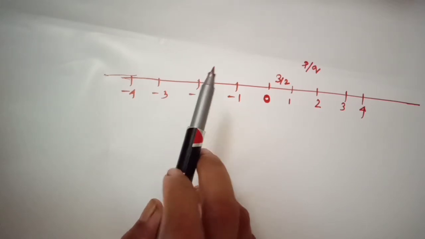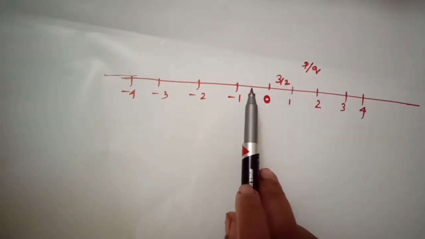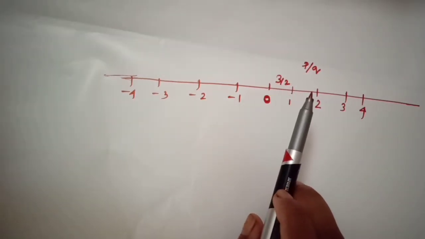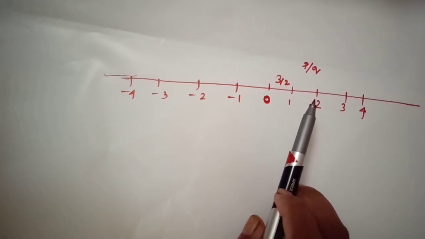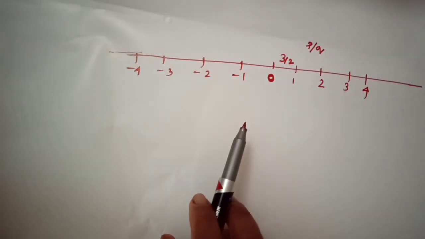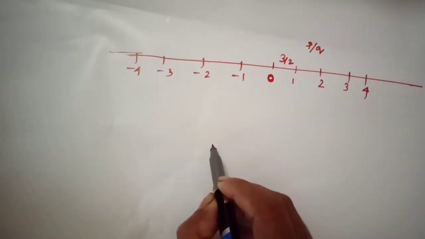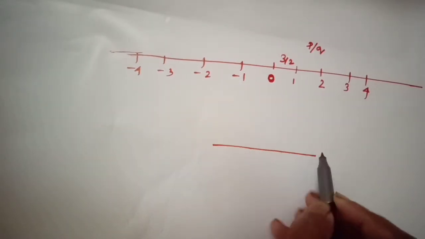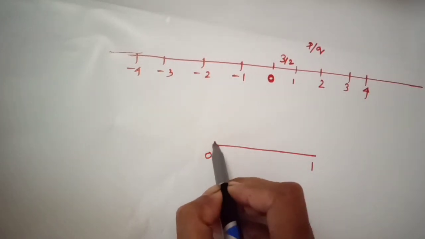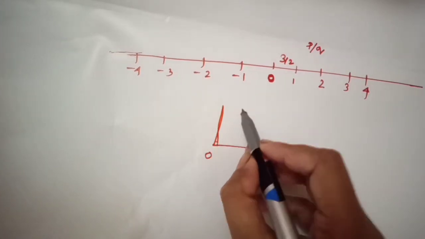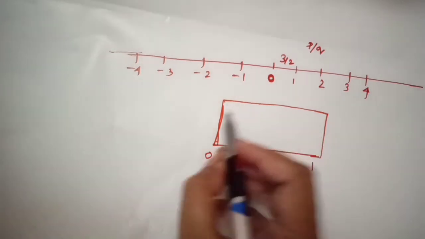In the 16th century, once upon a time, a Greek philosopher of the Pythagorean school thought of another number. What is this? At first, he took the line from 0 to 1 and constructed a square of length 1, right?